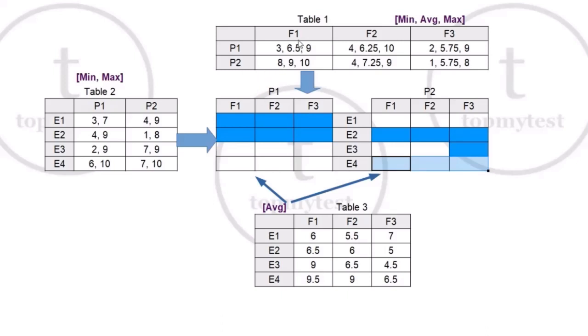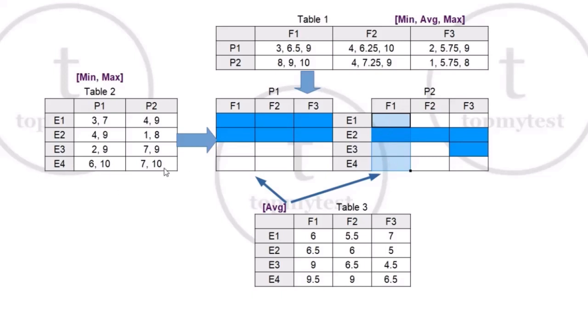And if you look at F1, on feature 1, P2 has gotten a 10 by one of the 4 experts, right? On feature 1, P2 has gotten a 10. He has not gotten a 10 on feature 2. He has not gotten a 10 on feature 3. So P2 has to get a 10 in this column.